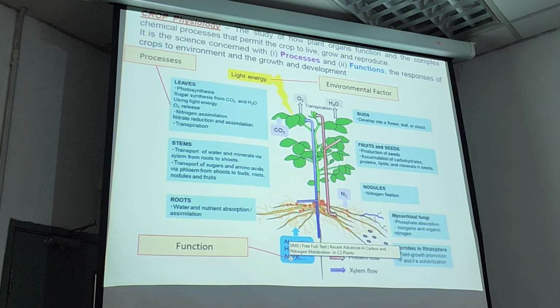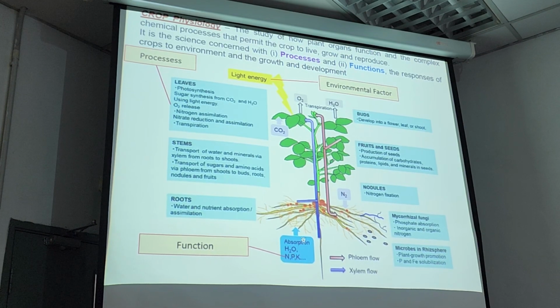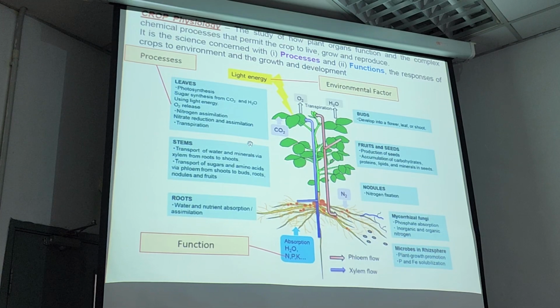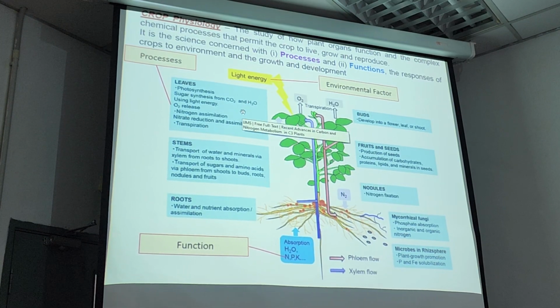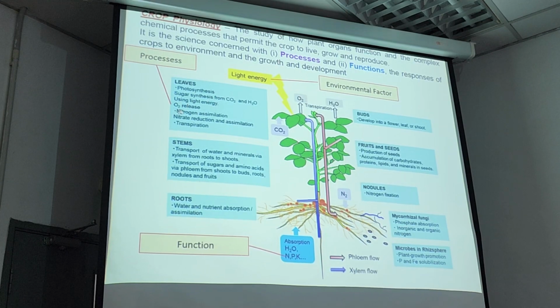What's NPK? These are the nutrients that plants need, and also the water. The functions of these molecules are to energize and also to run all of these processes in plants, particularly in leaves. You've got photosynthesis, nitrogen assimilation, and also transpiration.